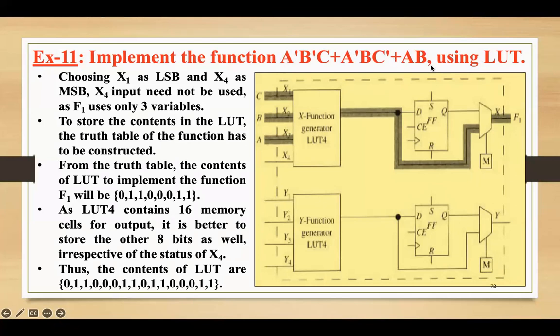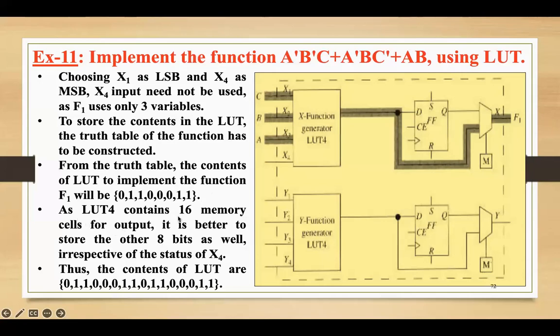Since this is not in a standard form, I can add AB, then in the small bracket put C plus C bar, and multiply it, and bring it into the standard SOP form. Once you have it in that form, you can construct the truth table and implement the LUT. So how do we do it? As we saw previously, we can have the final column selected. So this is one such idea where we can just have the final column selected.